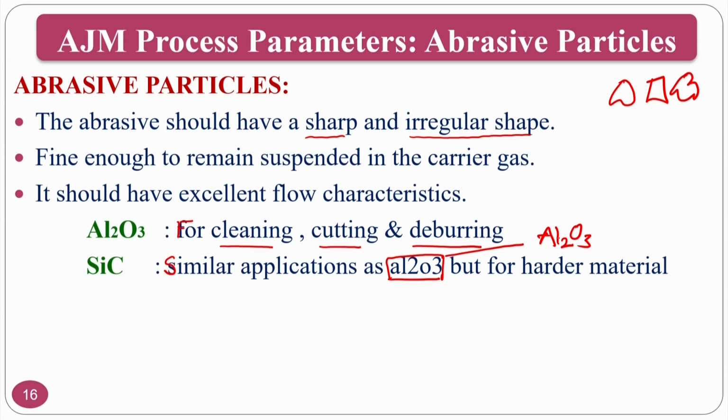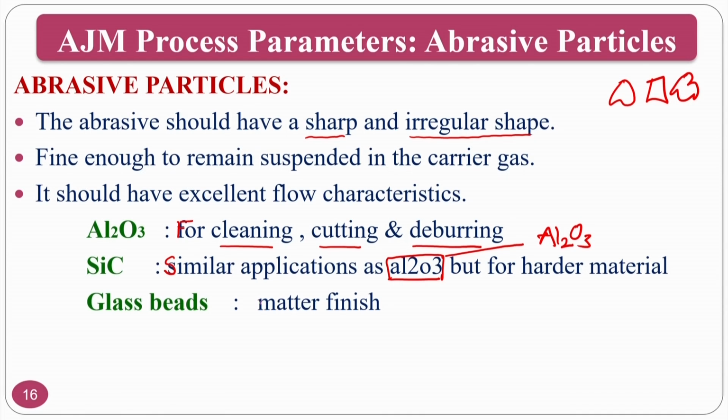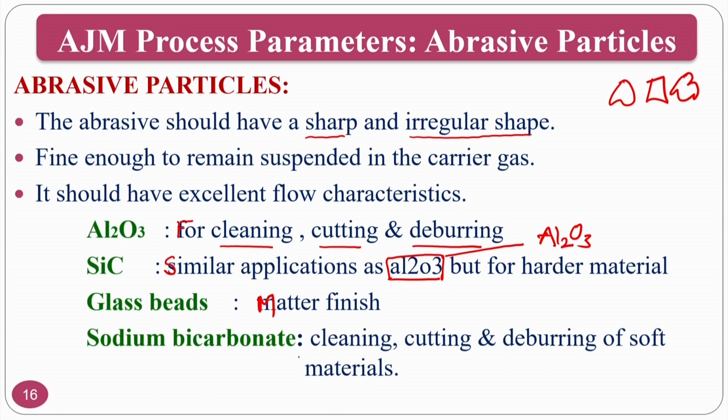But for harder material, that means if you are going to use Al2O3 for softer materials, and your customer comes with a slightly harder material, then you can go for silicon carbide. And glass beads, you can go for a matte finish. Sodium bicarbonate you can normally use for cleaning applications, cutting, deburring of soft materials, and other things.